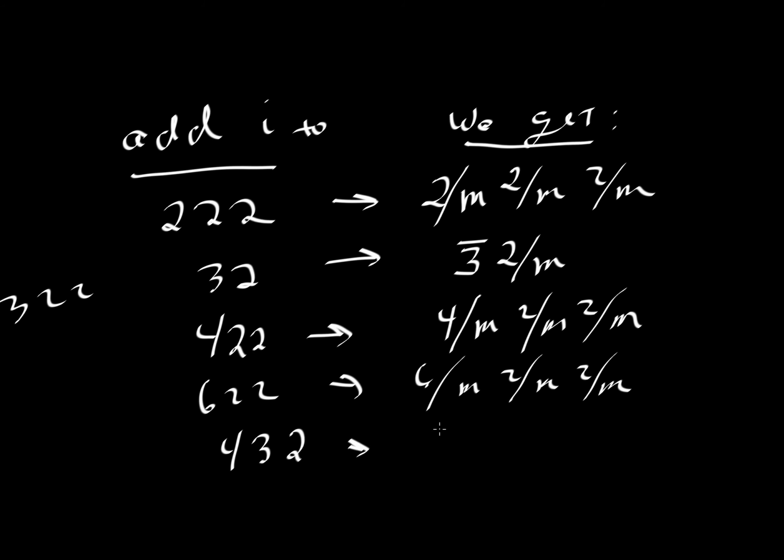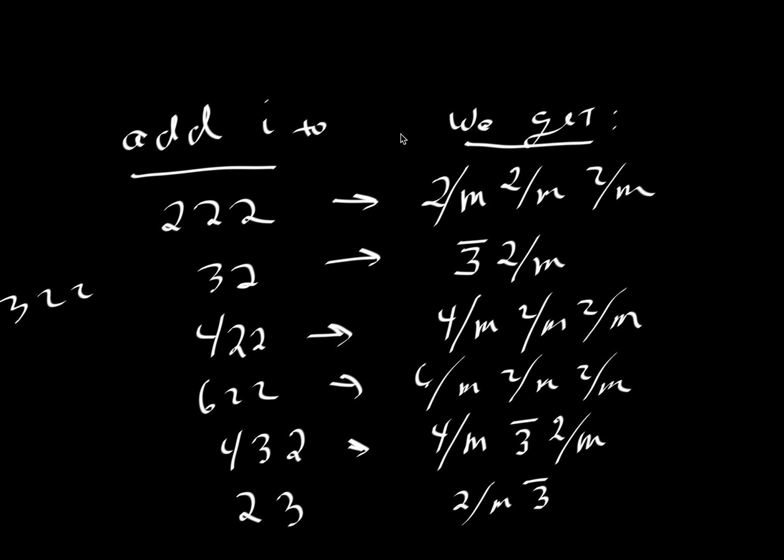What would a 4, 3, 2 look like? So that would be a mirror perpendicular to the 4. The 3 being odd would become a bar 3, and then the even-fold axis again would have a mirror perpendicular, so we'd write it as 2 over m. And then for 2, 3, we'll use our abbreviation for the 2, 3, 3. We'd have a 2 over m, and then a bar 3.